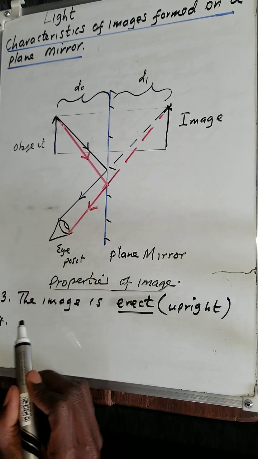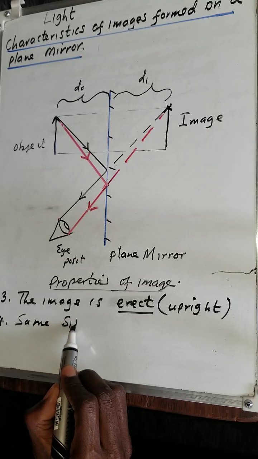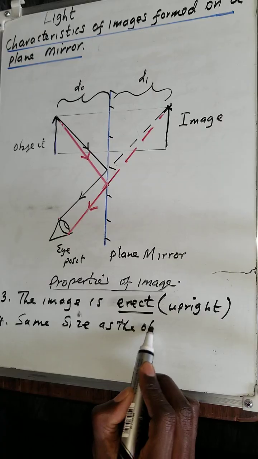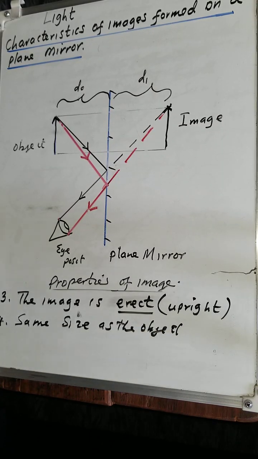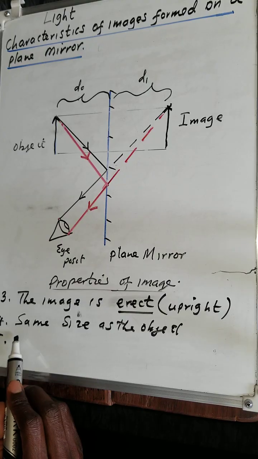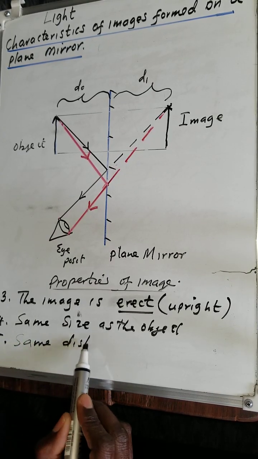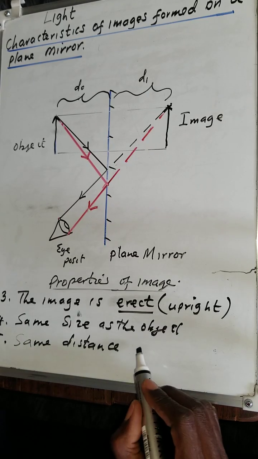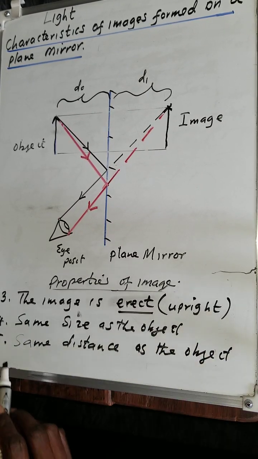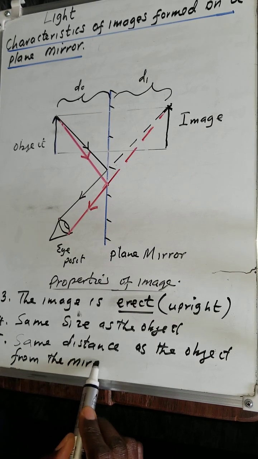Another property that we can talk about is same size. It is the same size as the object. Maybe the 5th one that I can put up is same distance as the object from the mirror line.